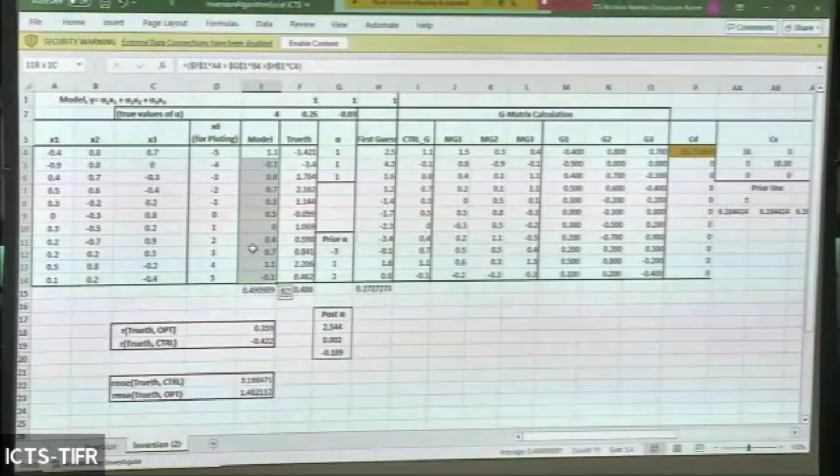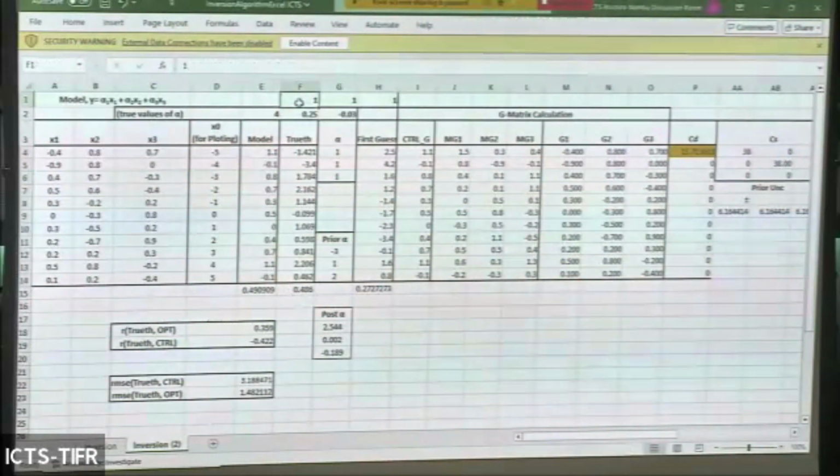I can copy this and paste it to the control place where I give all the parameters as 1. Now how to construct G? Next, I change one of the parameters to 0. See, the model changed, and I copy the first column for my sensitivity experiment.